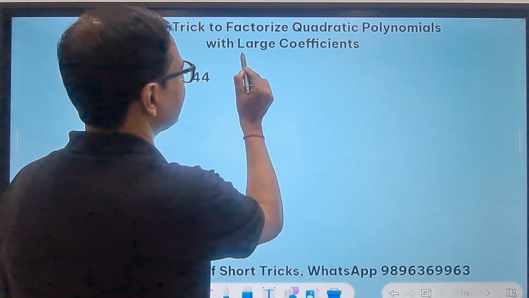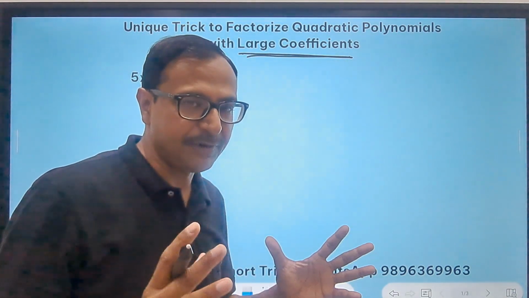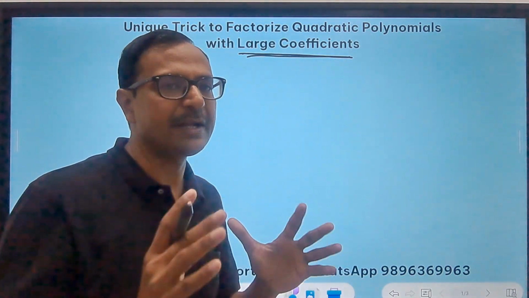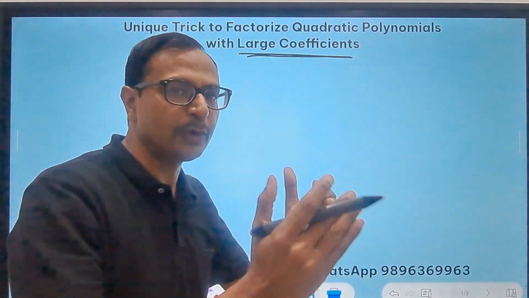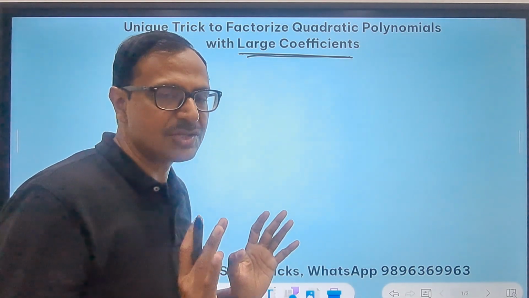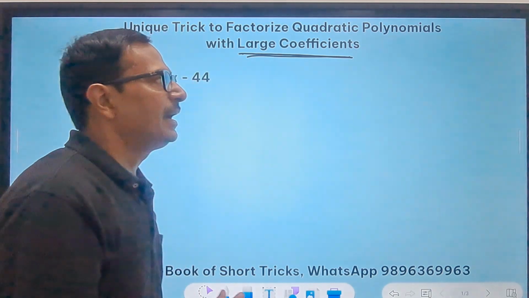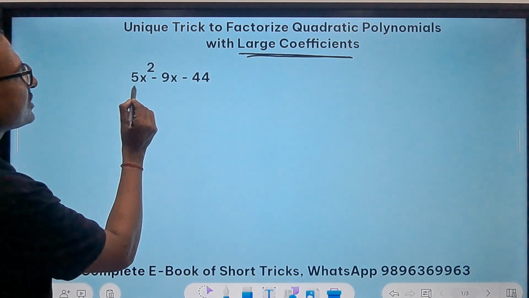The first thing is the coefficients are very large and middle term splitting is difficult. So let's simplify the middle term splitting process first. Before that, I'll tell you one step which will help you in factorization in just 2 steps. That's it. See, here we have 5x squared, right?